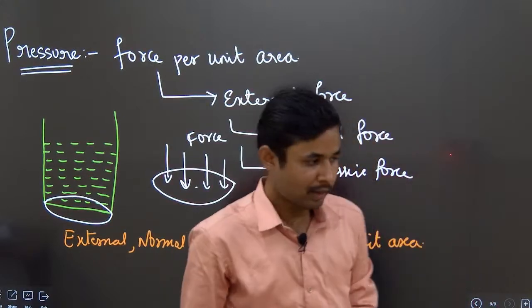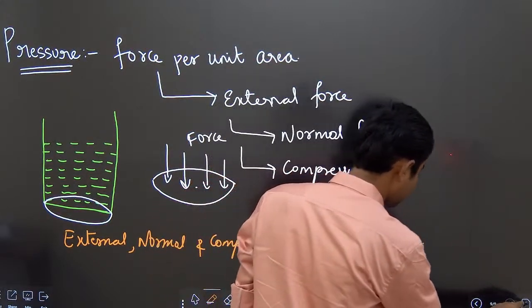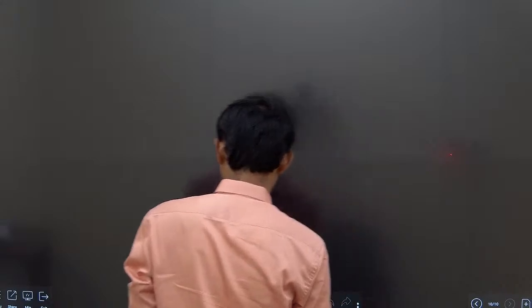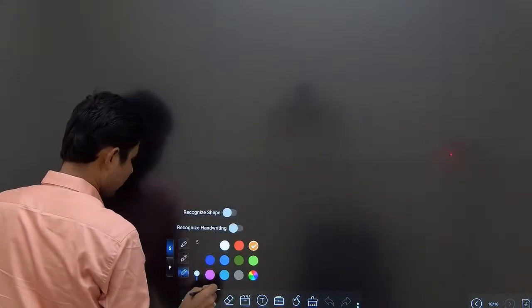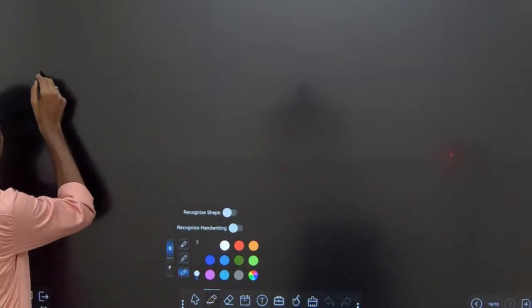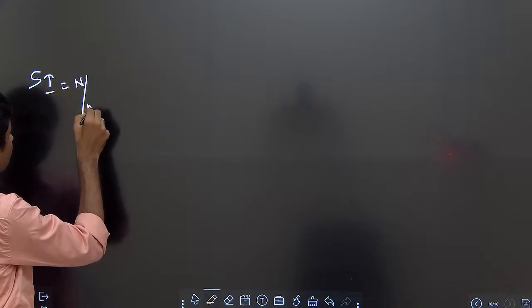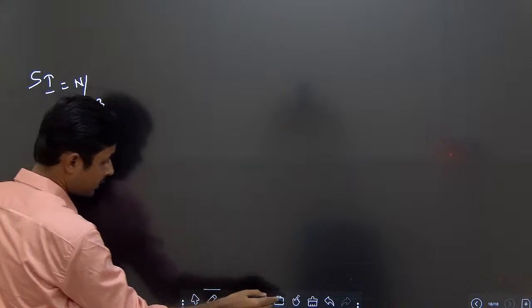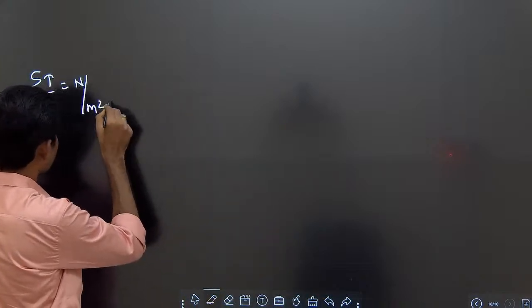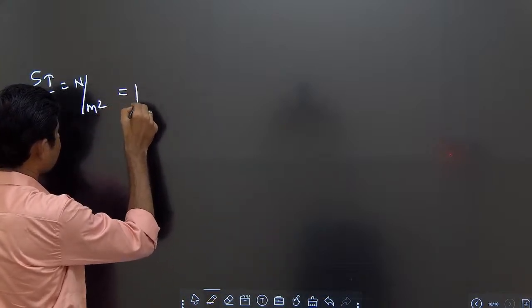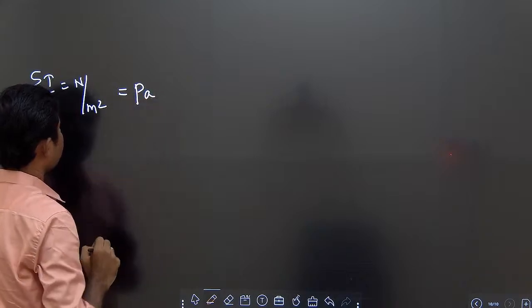Now if you write the units of pressure, the unit is Newton per meter square, which is Pascal.